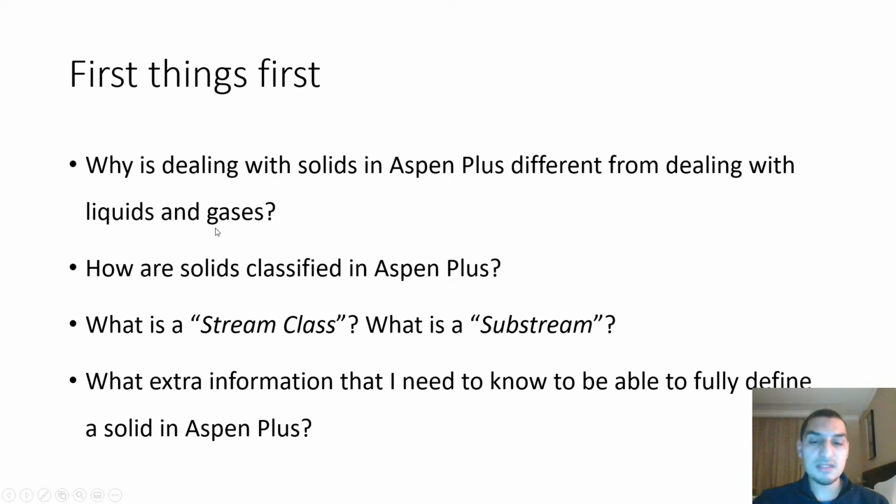There are many things that we're going to talk about in case of dealing with solids that we never thought of or talked about when we were talking about liquids and gases. The second question is how Aspen Plus classifies the solids, which is the CI and NC solids that we mentioned before. What do they mean?